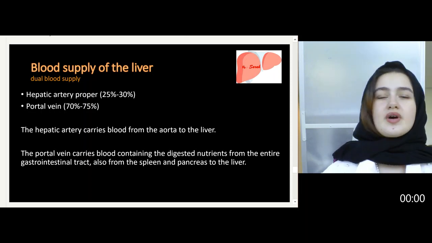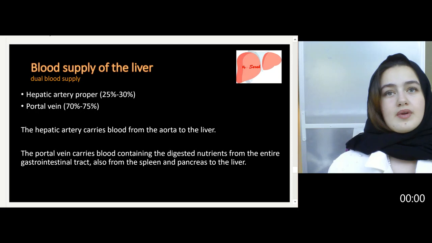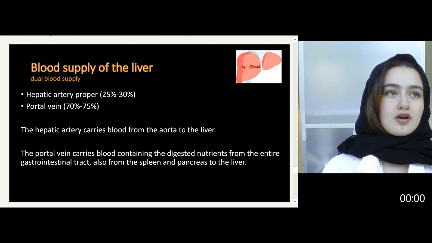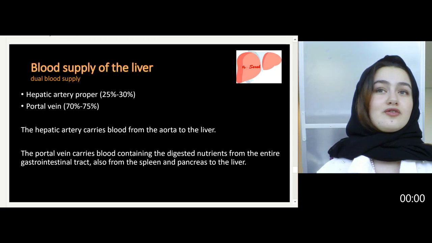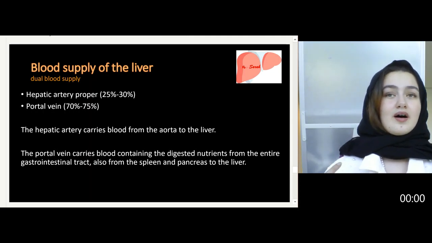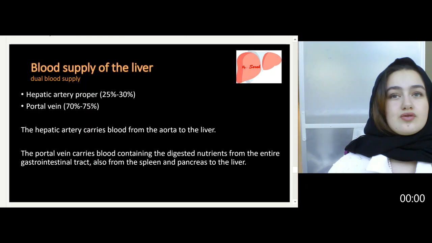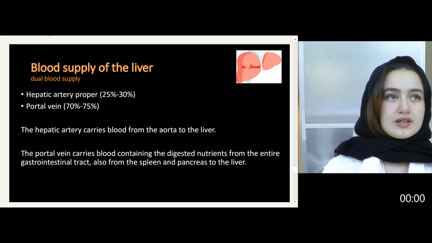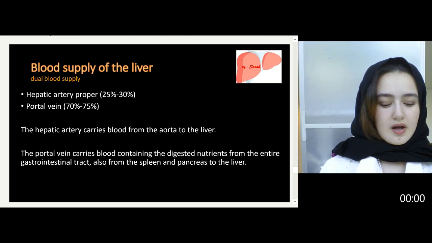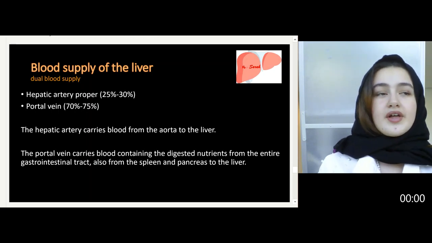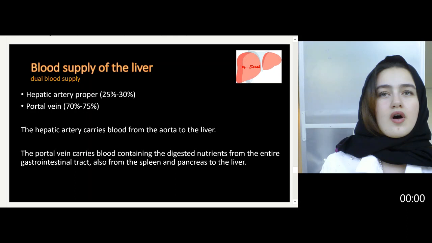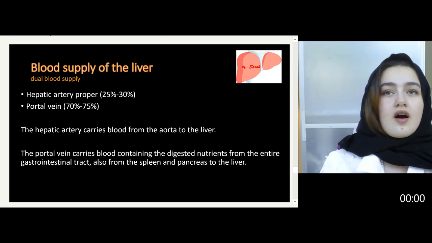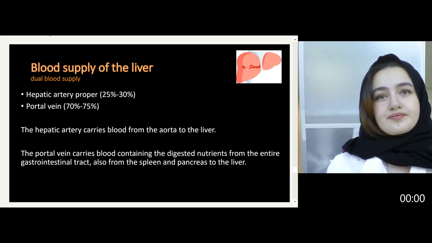The liver gets 25% to 30% of its blood from the hepatic artery, but the portal vein supplies the liver with 70% to 75% of its blood, which is deoxygenated but has a lot of nutrients because it comes from the stomach and the intestines. So all the nutrients that are absorbed there are in the blood that comes from the portal vein.